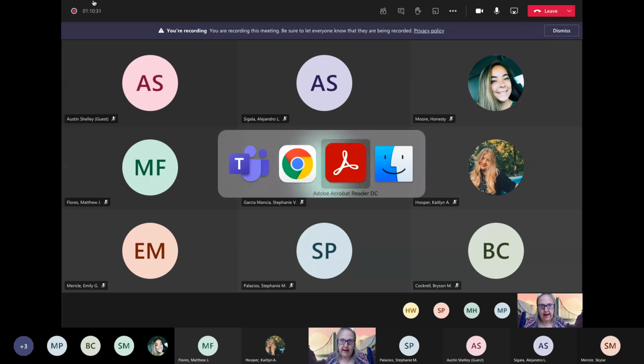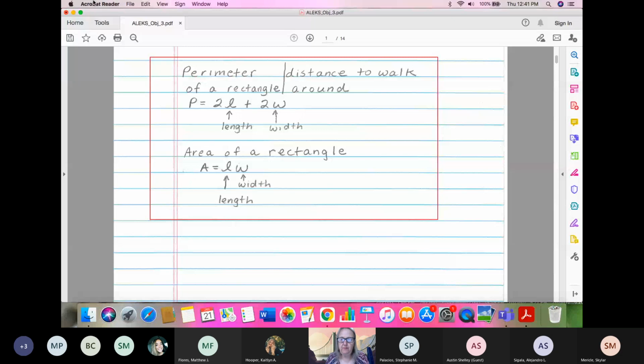Okay, well, let's go back and talk about perimeter. This is a topic in the objective rational equations. Sometimes I have to put topics in that I'm really not including in the objective title, because it would be too long.